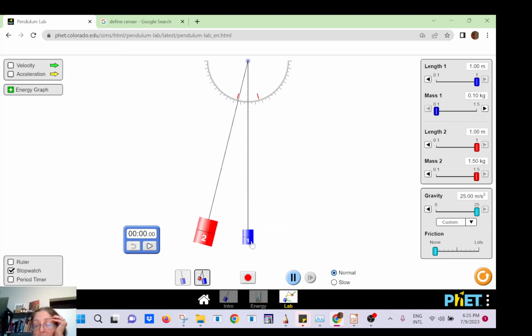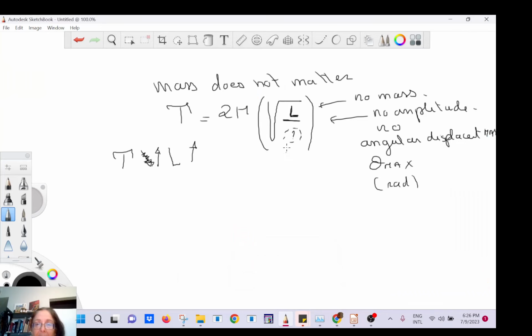You see that gravity does influence it. And what's fun is if you remove gravity, it has inertia, so it keeps going forever, right? So here we can put gravity. So that's going to be the period of a pendulum.